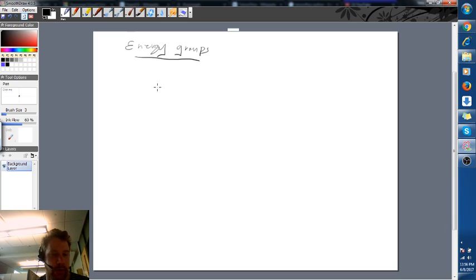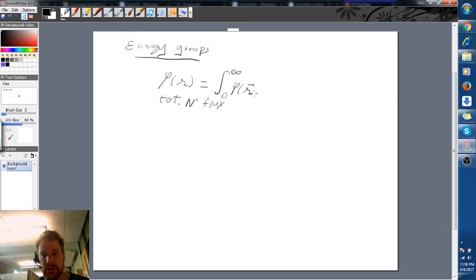So we can write phi of r, this is the total neutron flux, and this is equal to the integration from 0 to infinity of the energy dependent flux with respect to energy.